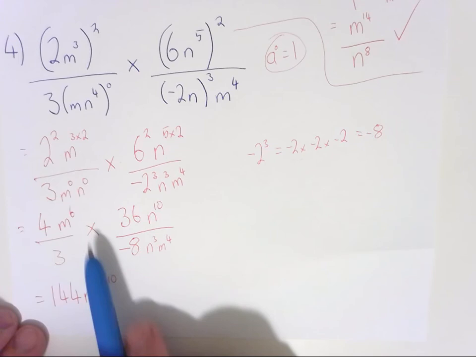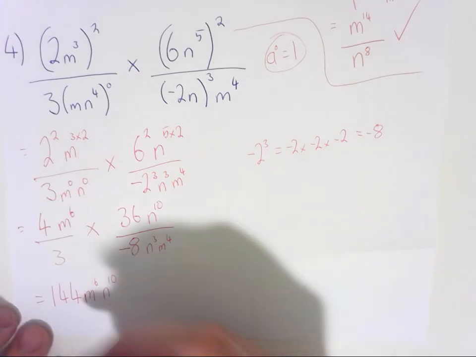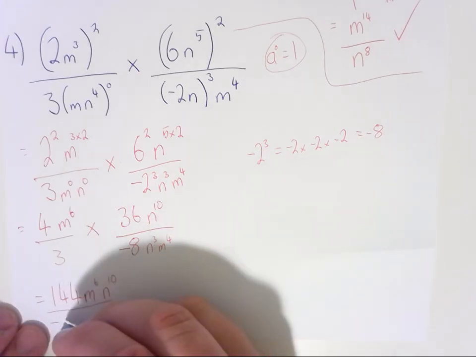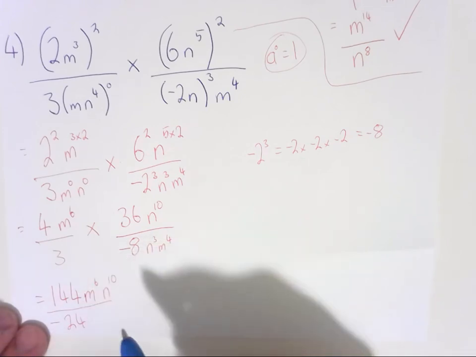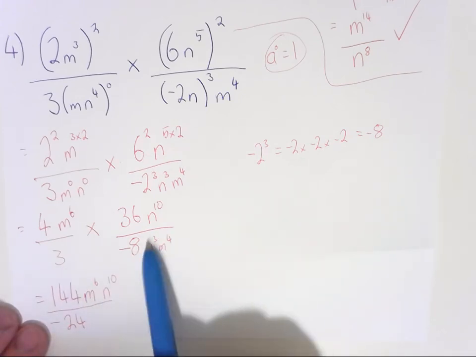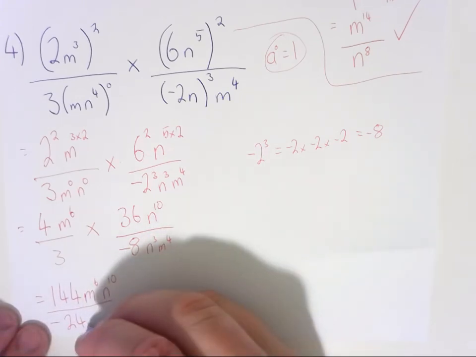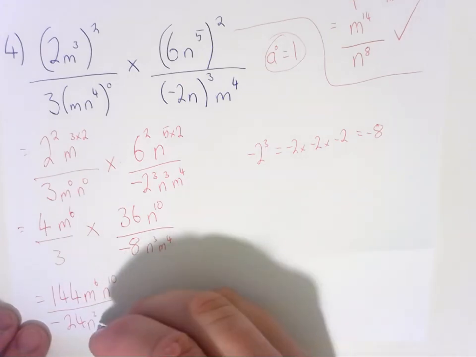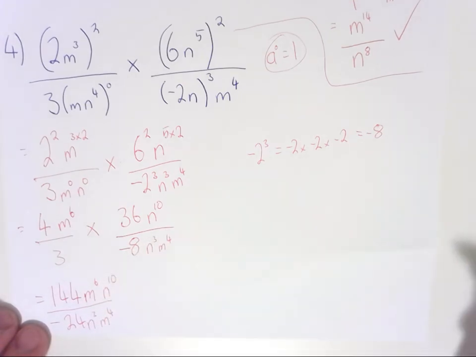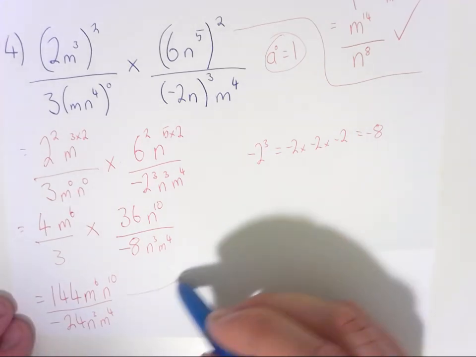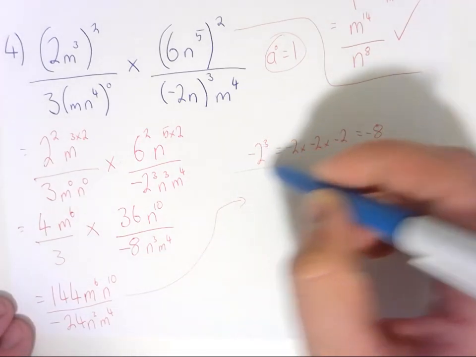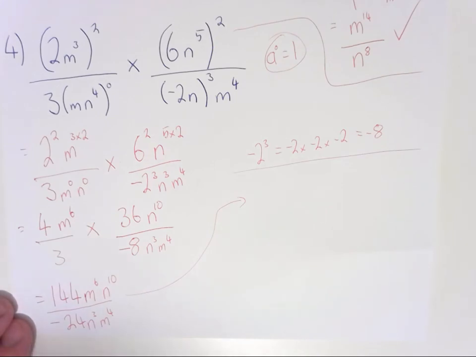Then 3 by negative 8. 3 times negative 8 is negative 24. And our variables here just stay on the end, n cubed m to the 4. Now we're not quite done yet, we can still simplify some of this. So again, I'm just going to bring this over to here. Don't get confused with that bit.